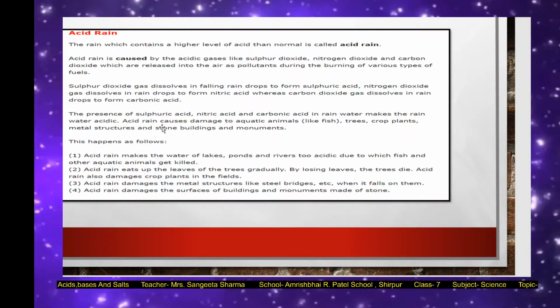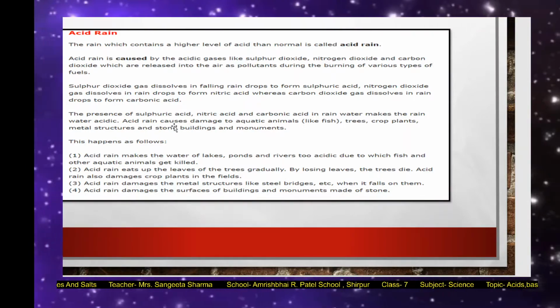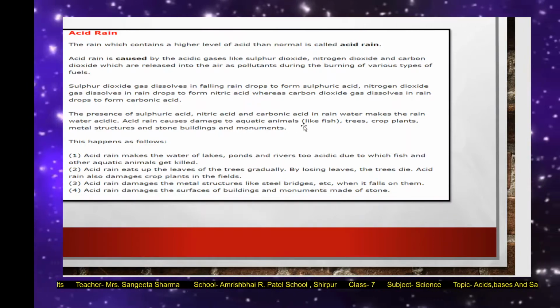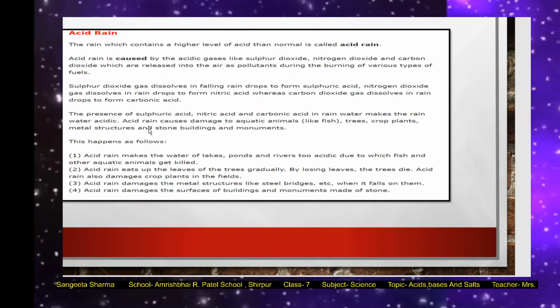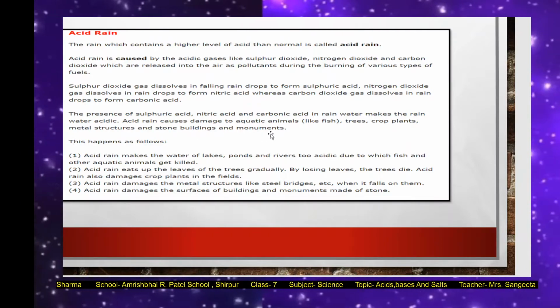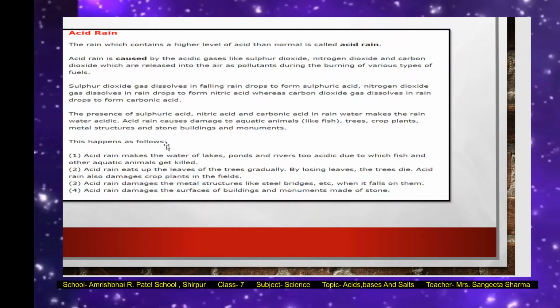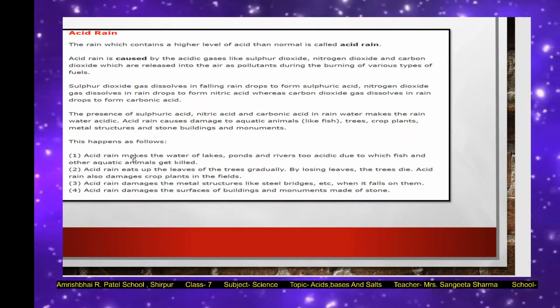This acidic rain causes damage to aquatic animals like fish, trees, crop plants, metal structures, and stone buildings and monuments. Now we will study the harmful effects of acid rain.